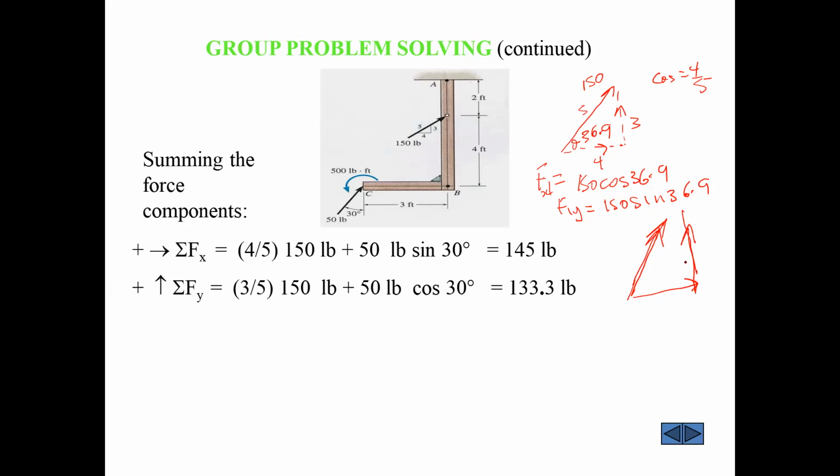We have to be careful with this one. It is actually up top here, not on the bottom. So we are saying that this is 50. The component for x is 50 sine 30, and the component here is 50 cos 30, and they're both positive.